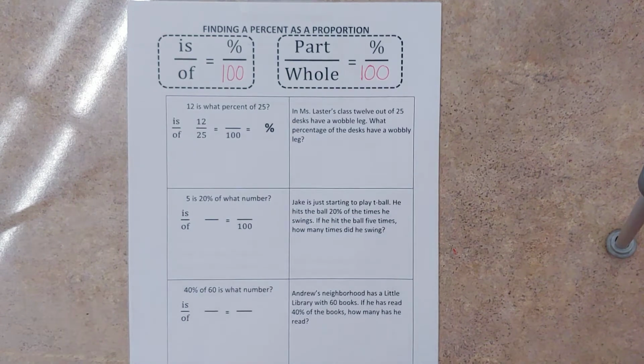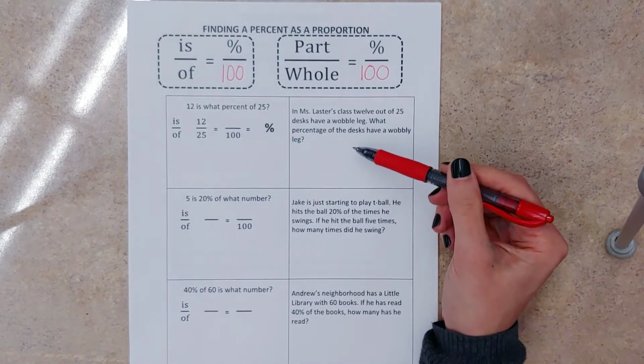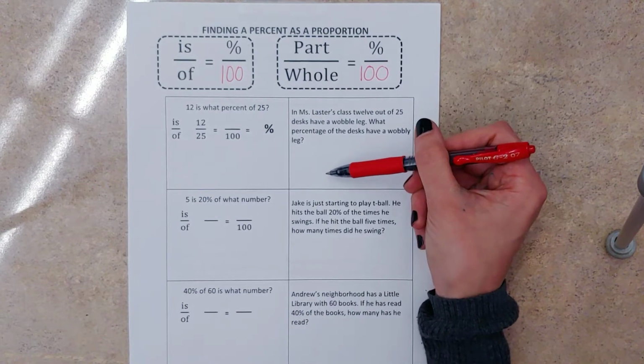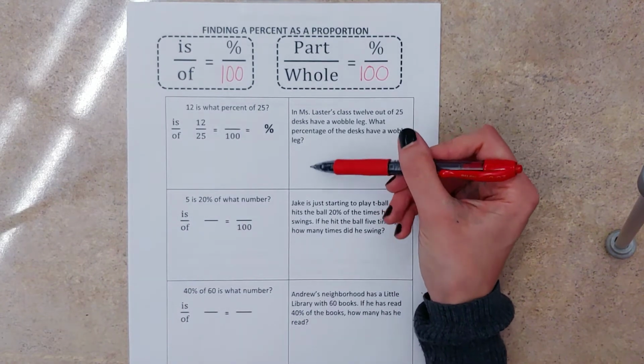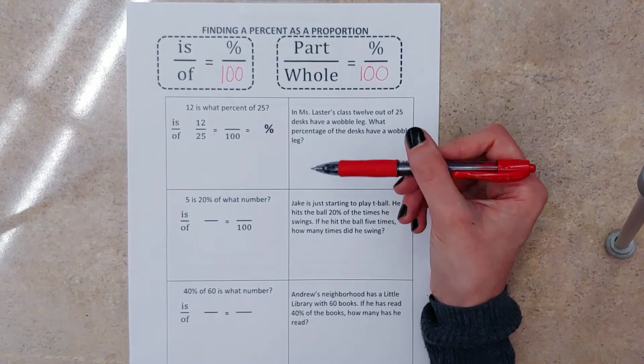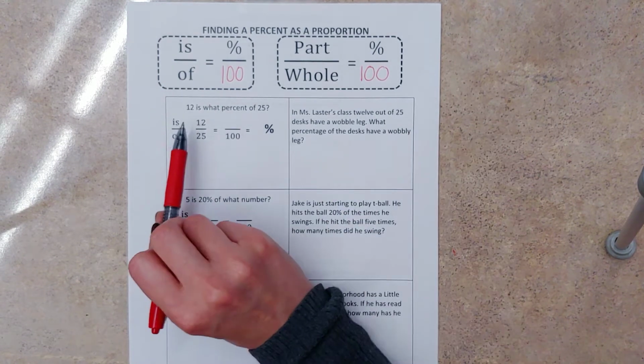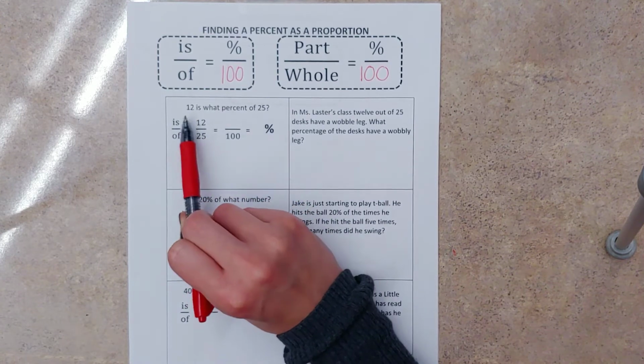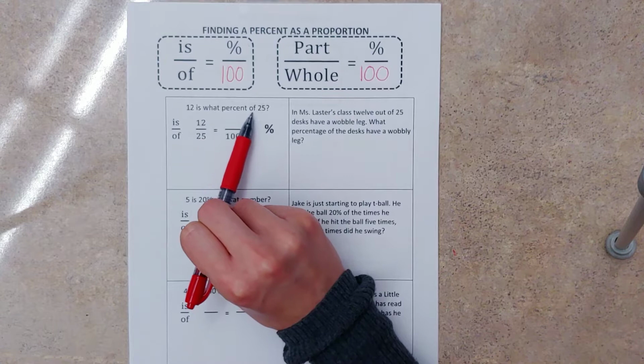setup. So I think it's a little easier when we are working with a word problem to determine what our labels are going to be. The ones that might be a little wonky and a little weird are questions that are set up like this one. 12 is what percent of 25?